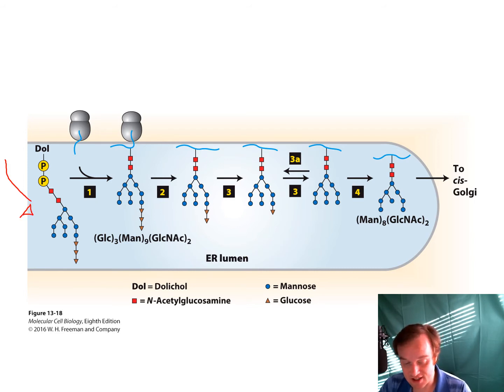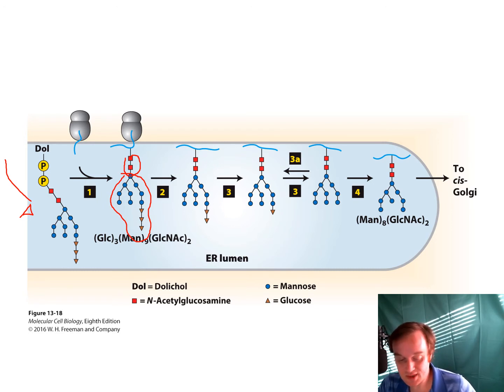We then have this long chain of polysaccharides that include mannose and glucose and acetylglucosamine. And so it would be glucose 3, mannose 9, glucose 2 glucosamine. Don't worry about that, just a big oligosaccharide, because they can be different depending on the proteins.